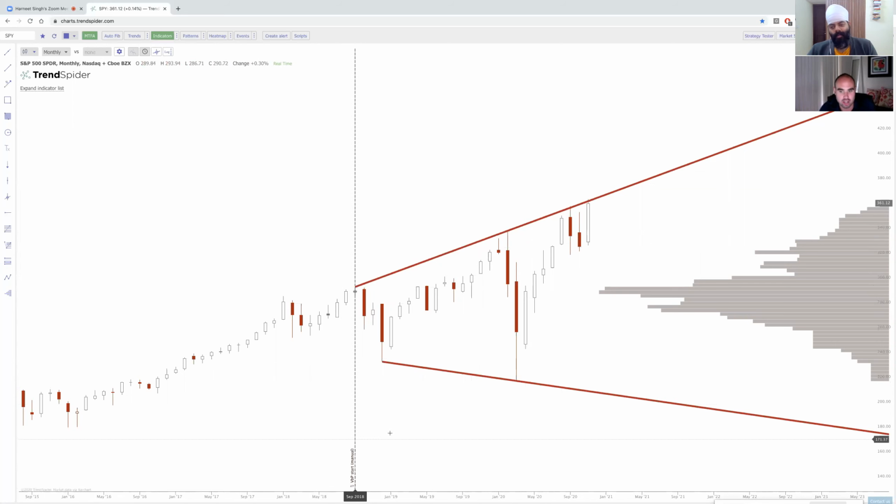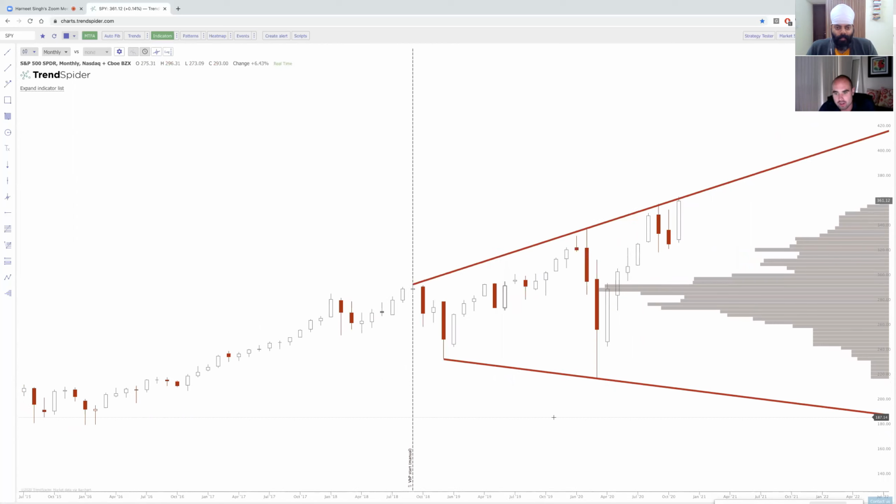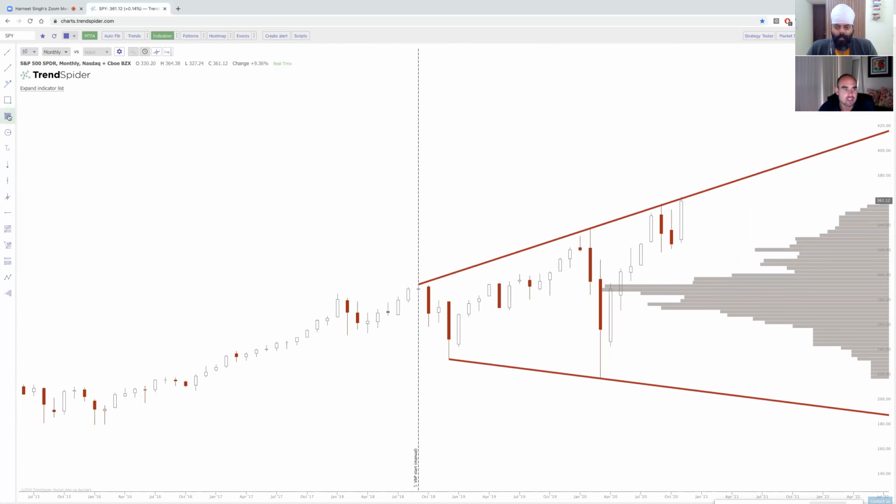So from a bearish perspective, there's not a lot of volume supporting price up here at all. Very little volume. Most people have participated in the markets and are holding down in the 290s.